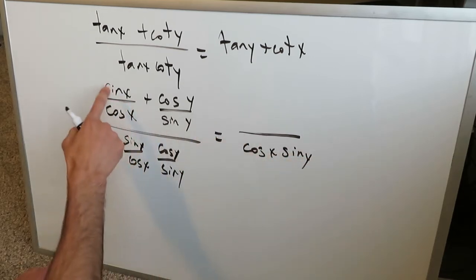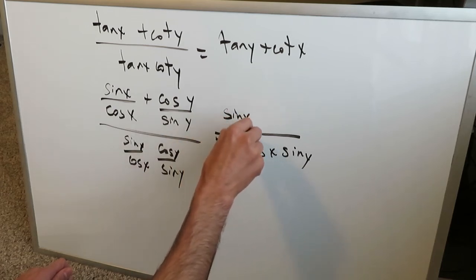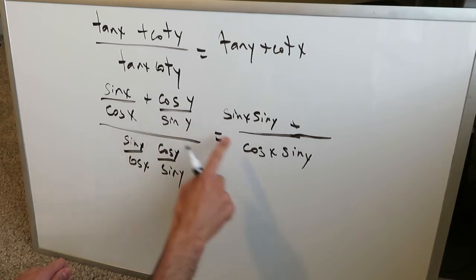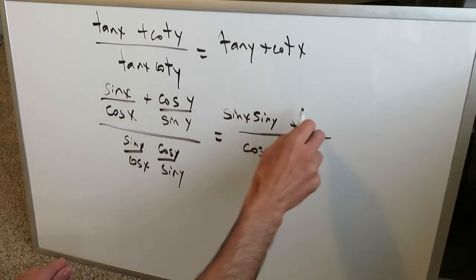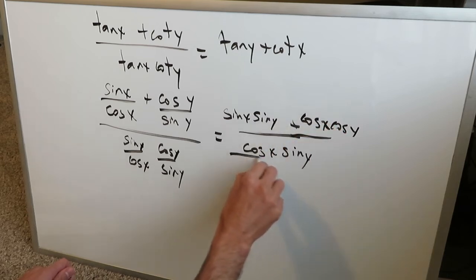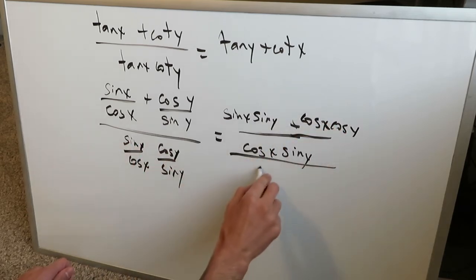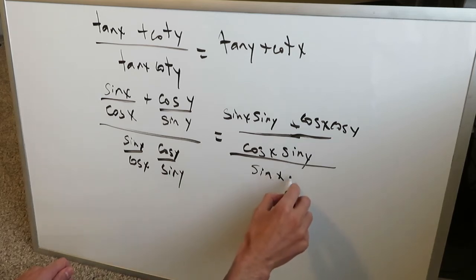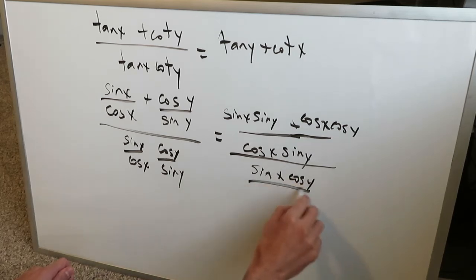Cosine x goes in this, sine y times, so here in the top you get sine x sine y. This is just fraction adding, that's all. Sine y goes in this, cosine x times it multiplies with this. You get cosine x cosine y, but this right here is all over this right here on the bottom. You can bring everything together into one clump: sine x cosine y over cosine x sine y.